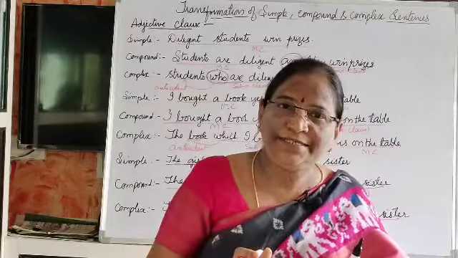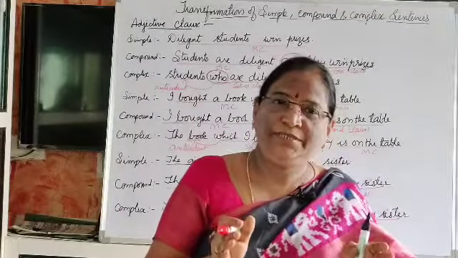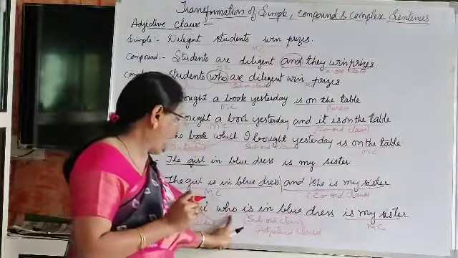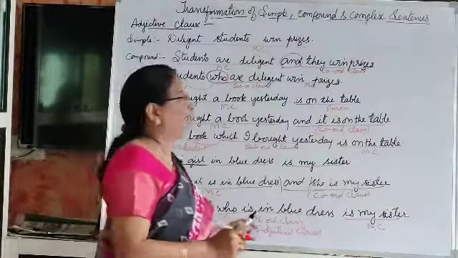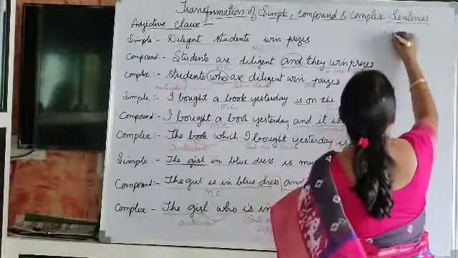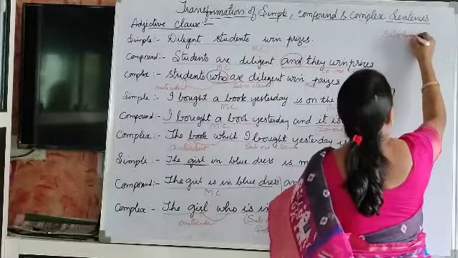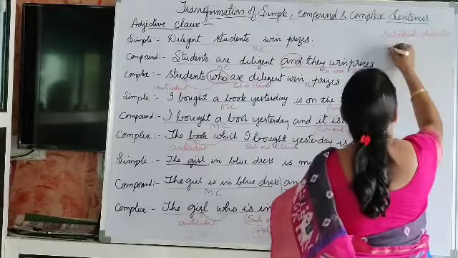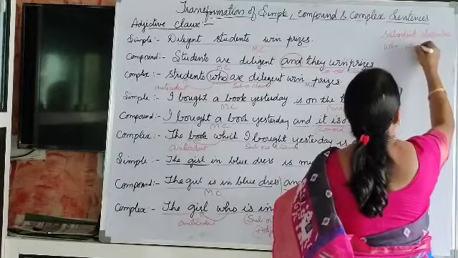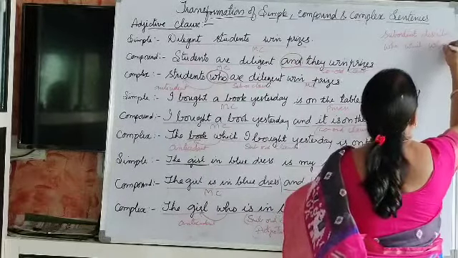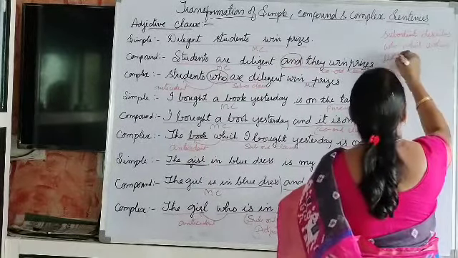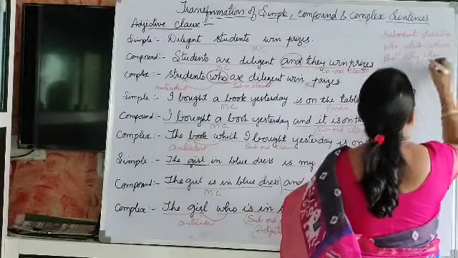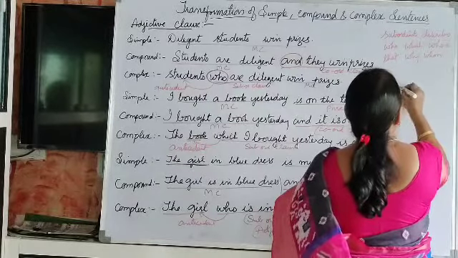Understand? That means a subordinate clause describes who. For example, you see here, the subordinate clause describes who, which, where, that, why, whom, when.